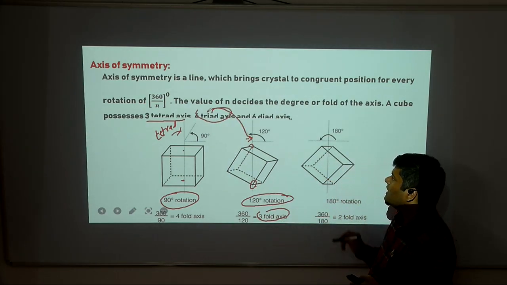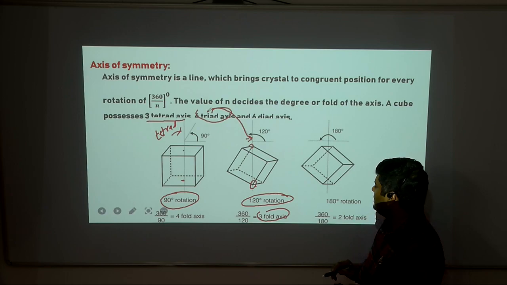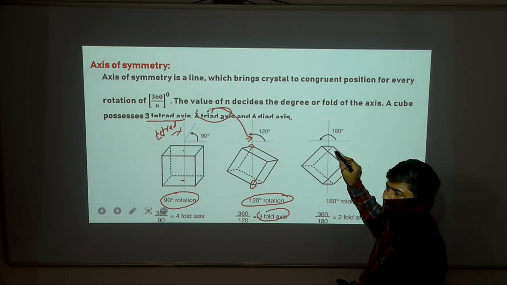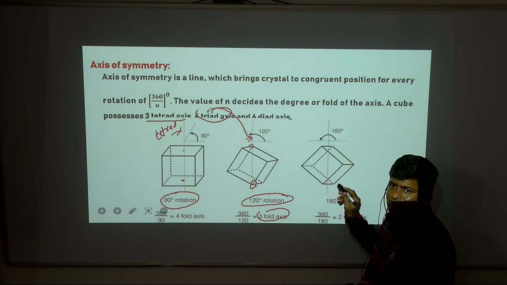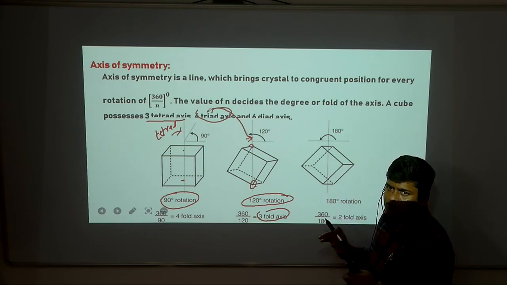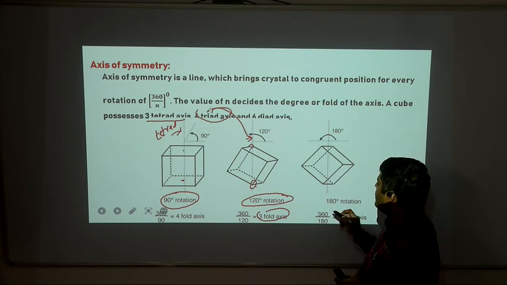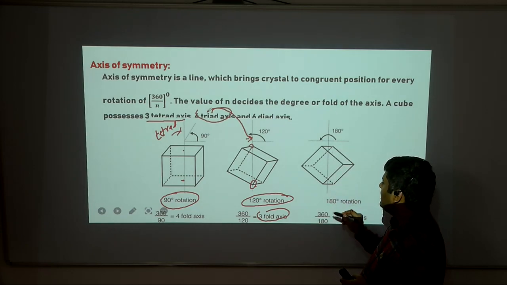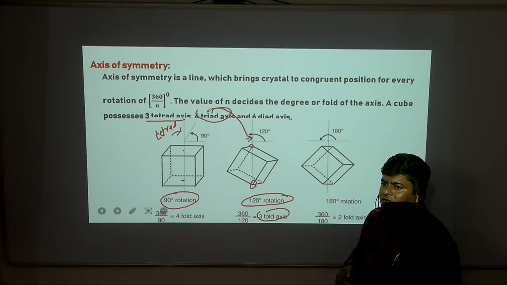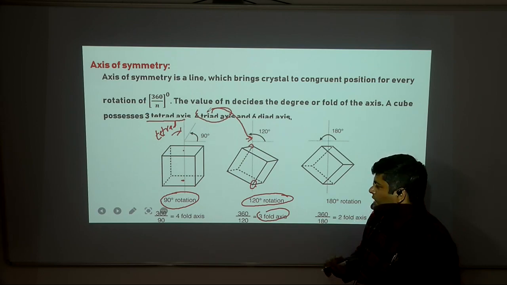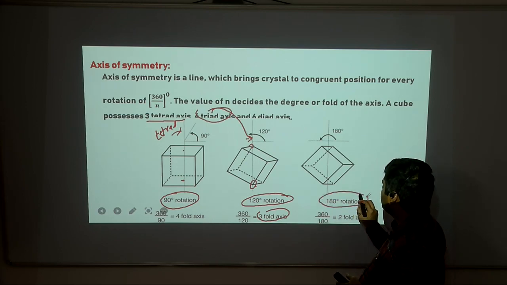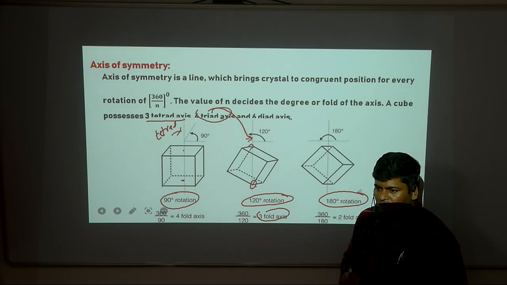Now coming to the last type of axis of symmetry, if we pass a line through the center of opposite edges of the cube, we get one line. If we rotate the crystal around this axis, at every 180 degrees of rotation the crystal comes to the congruent position.